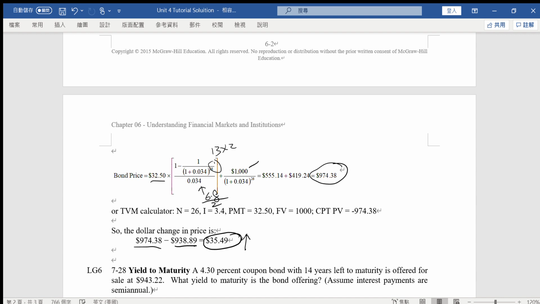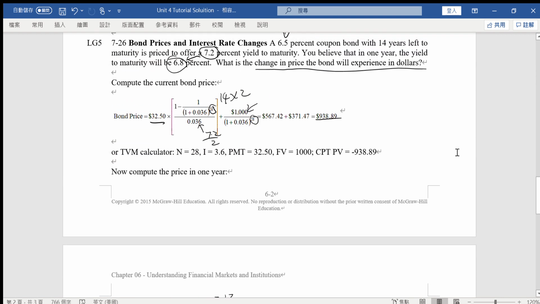Okay, you should mention there is an increase. And also, if you are not using the formula to calculate the figures, enter all this information: the number of years, that will be 14 times 2, and these figures, then the payment and the par value, and then you calculate the bond price.